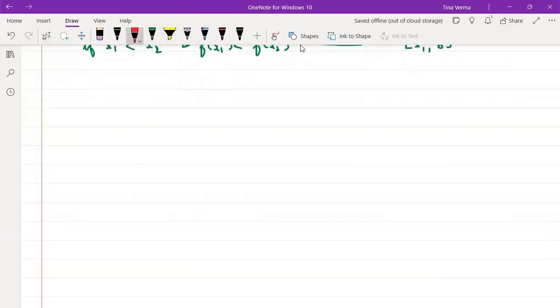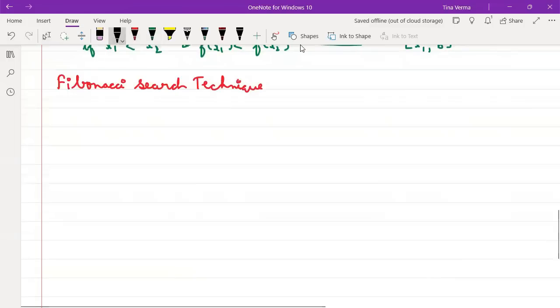The first technique in your syllabus is Fibonacci series search technique. Fibonacci search techniques के लिए आपके Fibonacci numbers क्या होते हैं?